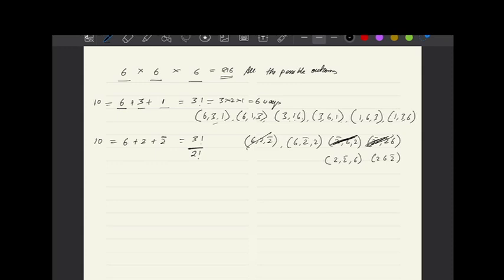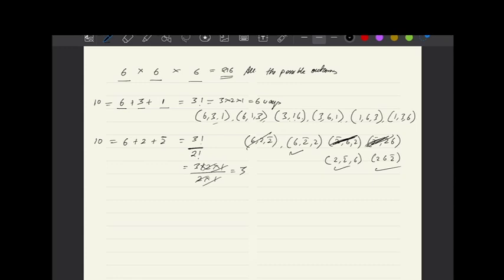Which is what we'll get if we calculate this. Here you have 3 factorial, which you can expand as 3 into 2 into 1, and 2 factorial as 2 into 1. So we get the result of 3. And as I've demonstrated, we have only 3 possibilities. So this is why we divide by 2 factorial. I think you got the idea about why we used 3 factorial in the first case and why we divided by 2 factorial in the second case.